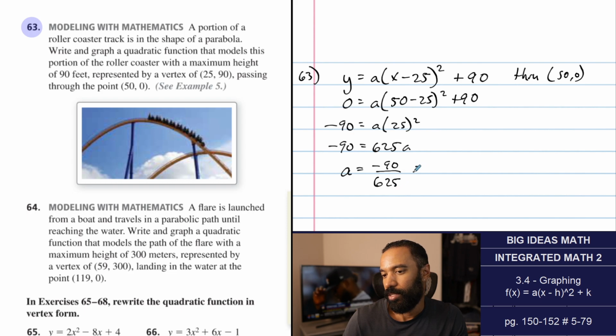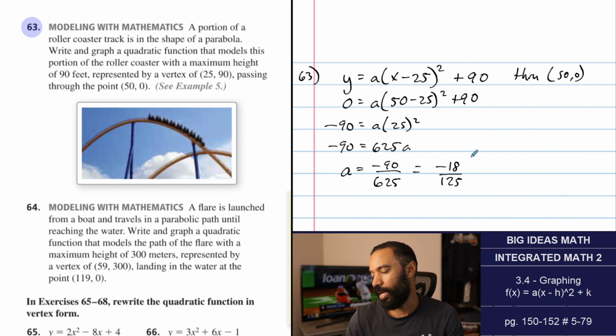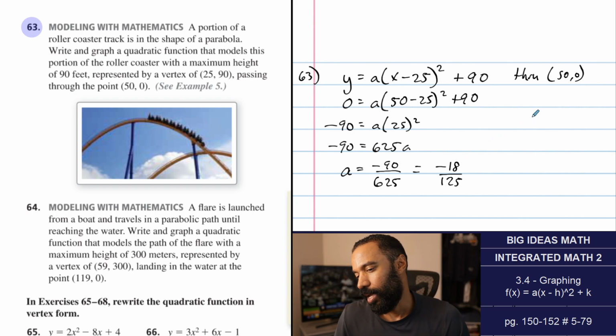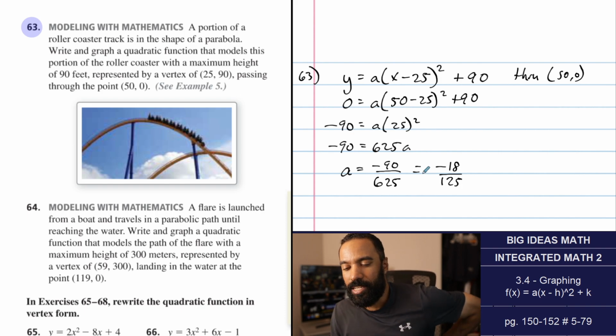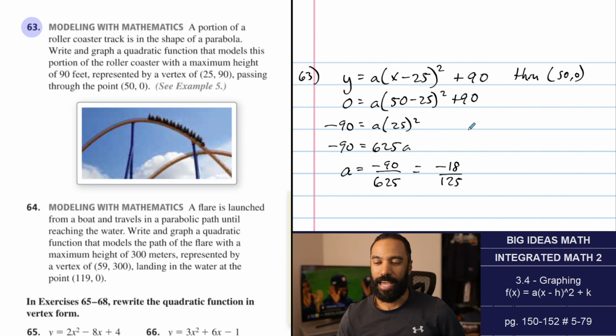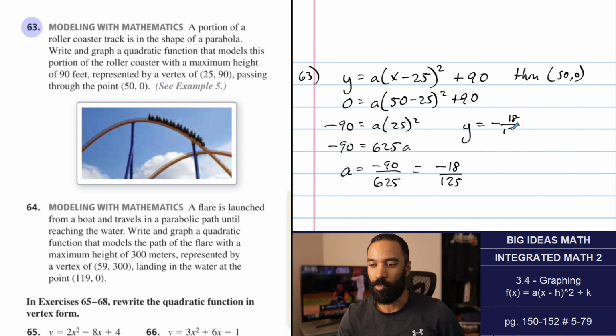And that might be it, because then I'll get negative 18 over positive 125. And 125 can't divide by 3 like 18 can or anything like that. That would be it for that. The equation that I can now say, write and graph, they said graph it: y equals negative 18 over 125 times x minus 25 quantity squared plus 90.